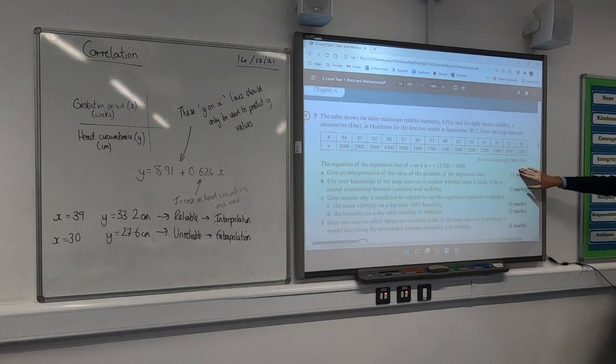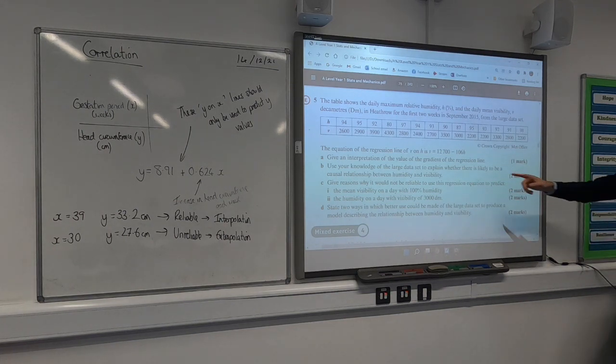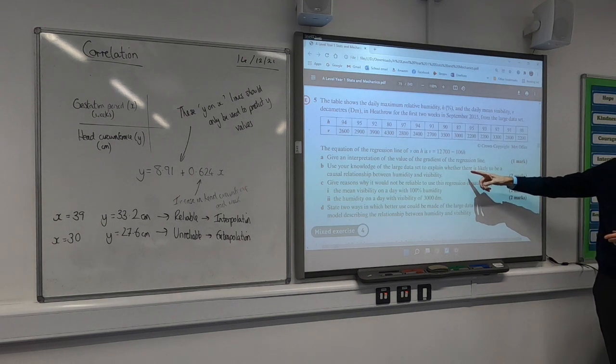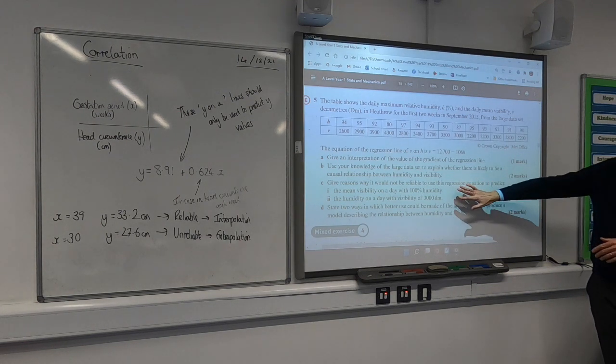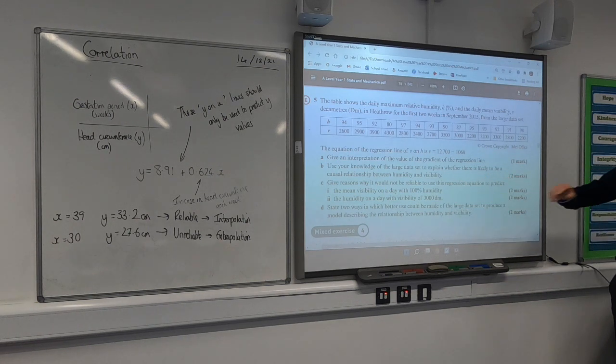Okay. Actually, let's just do one more. Just see if you can give an interpretation of the value of the gradient. Knowledge of the large data set. Well, those are horrible questions, aren't they? And then, again, you haven't got to make predictions. You're just asked to comment on those predictions. We won't worry about part 2.